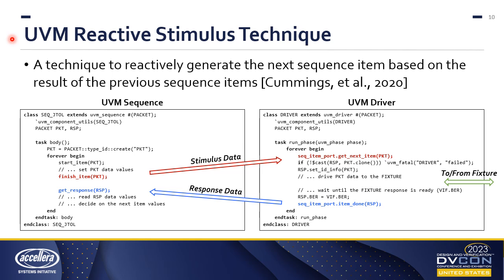The key difference with the ordinary sequence and driver component is that the driver can now talk back to the sequence. When the driver returns the response with the item_done method, the sequence can grab that using the get_response method. Then, based on the result values contained in the response, the sequence component can choose the next item to try.